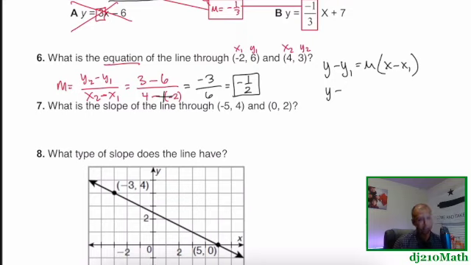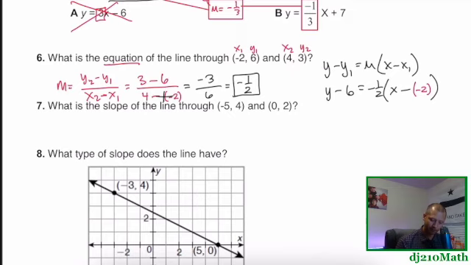I could use y1, I could use y2. It truly doesn't matter, you just need to use a point. So I'm going to stick with y1: y minus 6 equals m, which is -1/2, times x minus x1. In this case, x1 is -2.